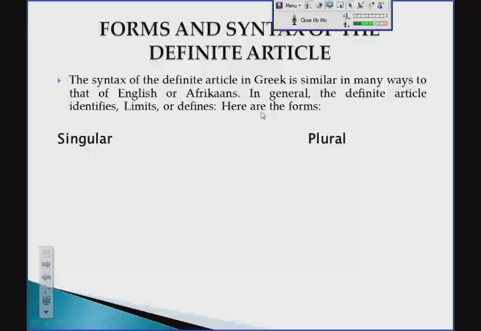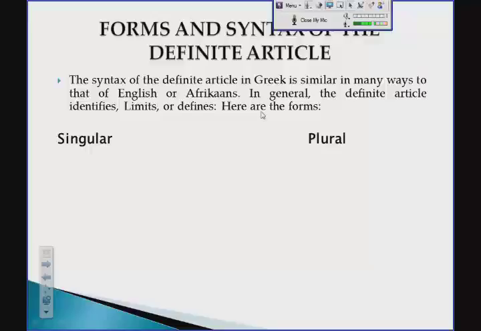I said a definite article in Greek will be spread around across gender, around case, and number. And those are the three characteristics of a Greek noun, if you remember. The three characteristics of a Greek noun: case, number, and gender.